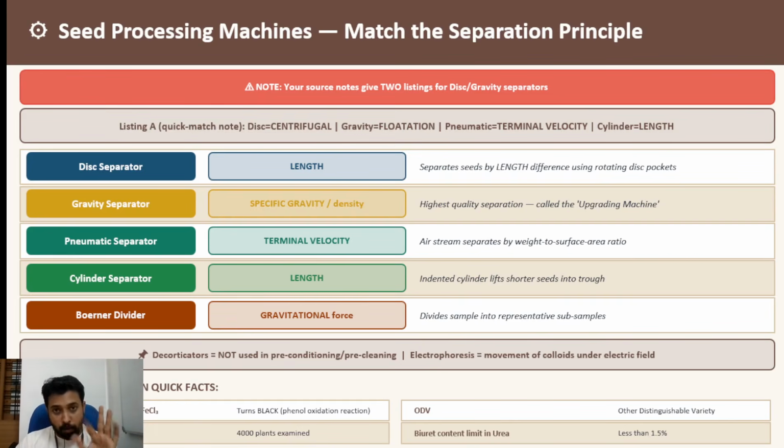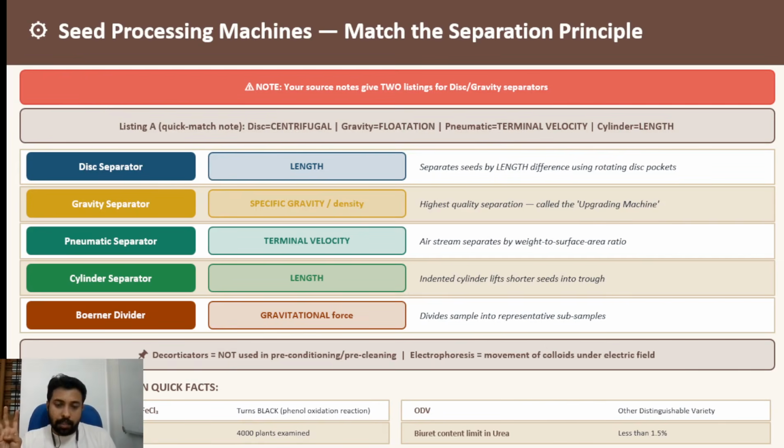Fourth, which all crops this machine can be put to use. You can't use the same machine for mustard and for rice. Which crops are suited for which machine. These four things are very important.